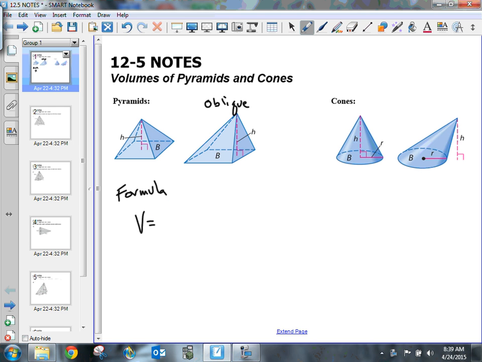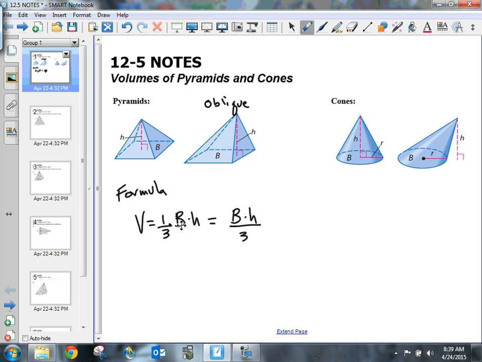What you end up having here is very similar to what you had with a prism. You take the area of the base times the height, but you multiply it by 1/3. That is the same thing as the area of the base times the height all divided by 3. So that works for anything.